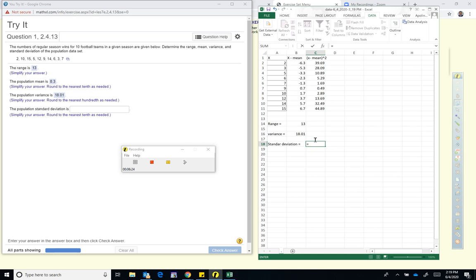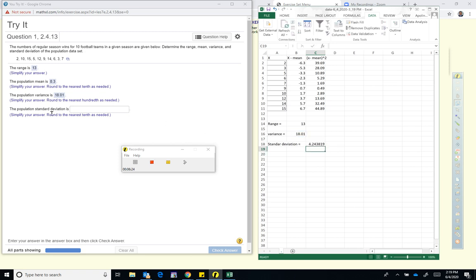The square root in Excel is SQRT. You see here is telling returns the square root of a number. Yes, take that one and now enter the number. The number is the value you get in the variance. You can enter 18.01 or just select this number. Automatically Excel is going to take this value here. Close parentheses and then enter.